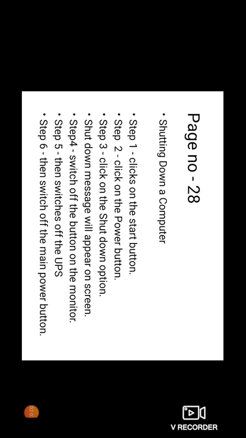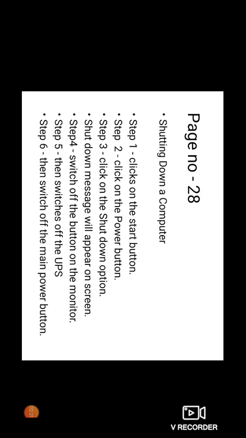Similarly, dear children, the way we operate the TV or LED at our home, what do you do first? You switch on the main power button, then you hold the remote control in your hand, and from the remote control you press the start button.